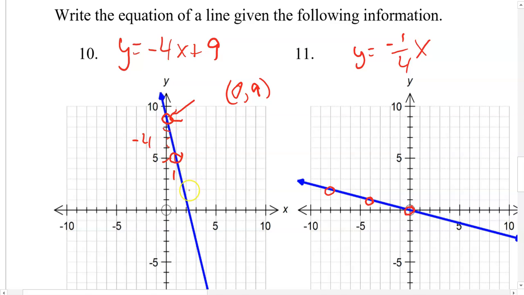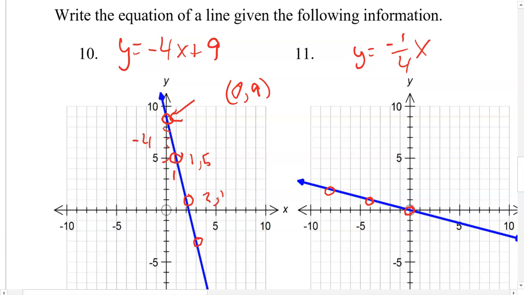You do that by finding where the graphed line exactly crosses the intersection of an xy unit. So this is the point (1, 5). This is the point (2, 1).